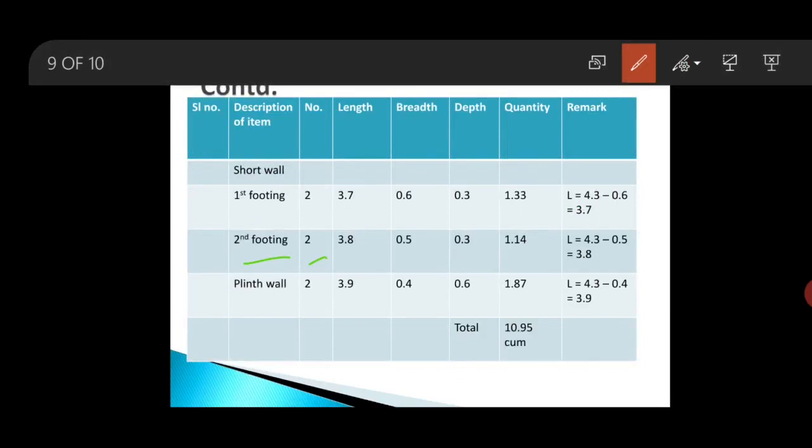This will be equal to center length 4.3 minus, in case of second footing the width is 50 centimeter, so from both sides the half of the width will be subtracted. So this will be equal to 3.8, and the width and depth will remain the same as we have done in the long wall. So breadth will be 0.5, depth will be 0.3. So by multiplying these 3 we will get 1.14.